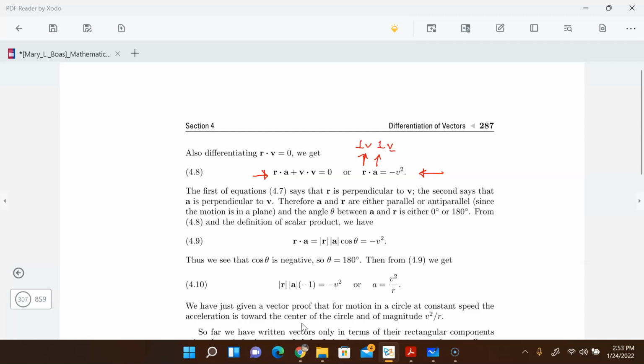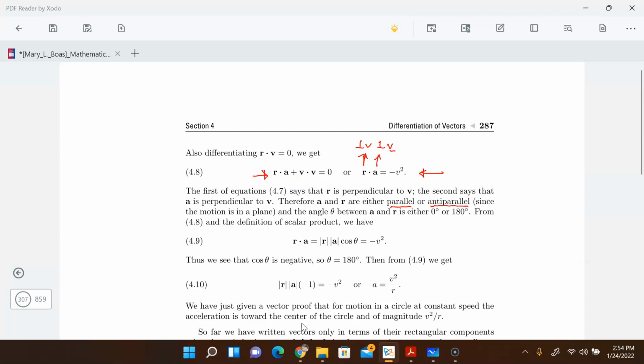So both vectors are perpendicular to each other, so that means that your r and a has to be either parallel, meaning r and a point in the same direction, or r and a is antiparallel.